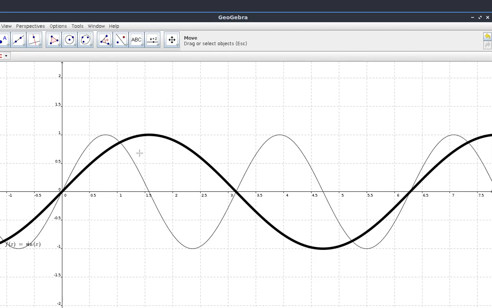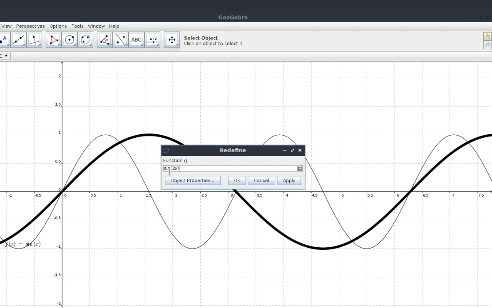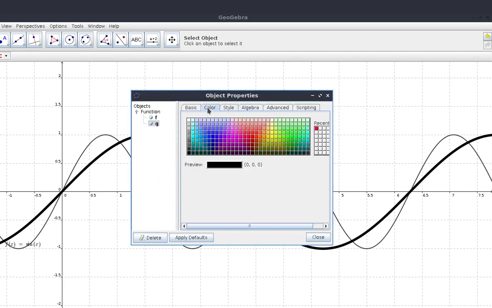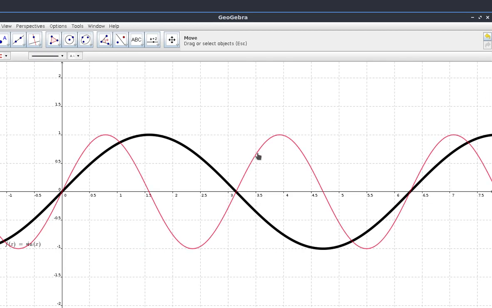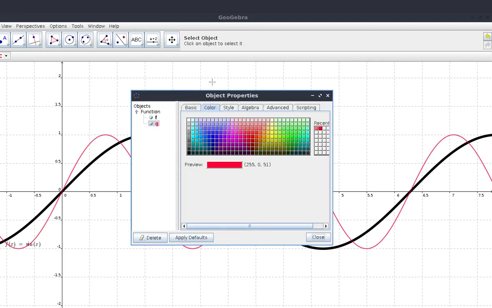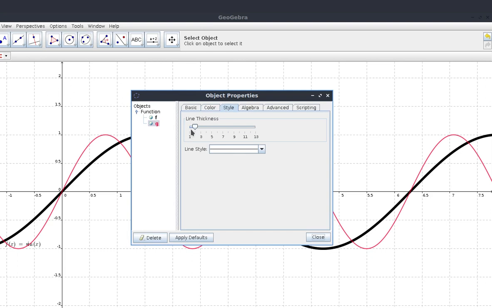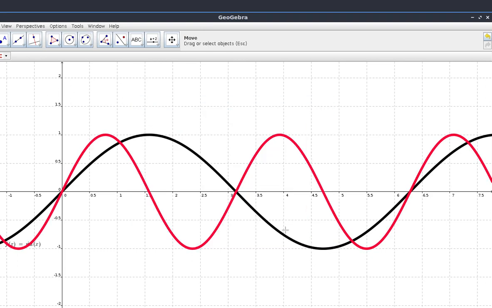Well, now we have our new graph. Let me change the color. Oh, the thickness as well. I want it thicker. So here. Alright. What do you see happen when I say 2x?